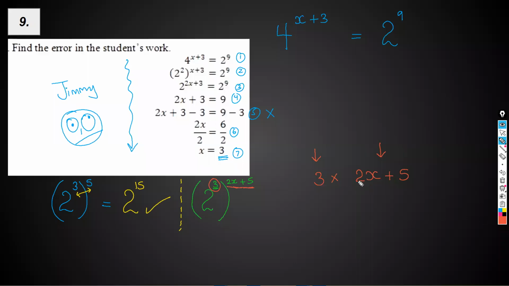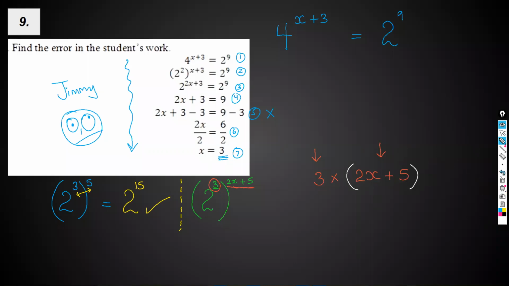What I'm trying to accomplish is this. I'm supposed to multiply this entire power, this 2x plus 5, by 3. To do that, I have to put this in what? Brackets. That shows the examiner that I want to multiply this entire thing by 3.